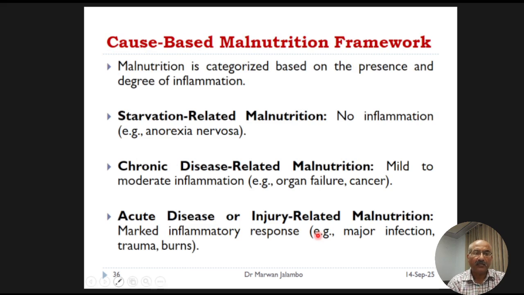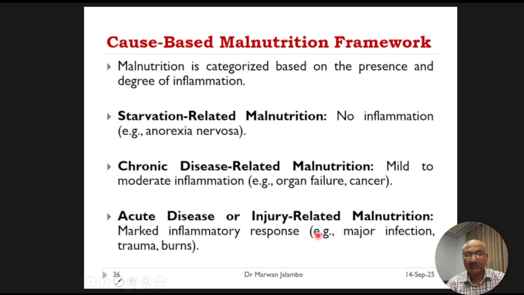In this slide, we want to talk about the cause-based malnutrition framework. Malnutrition is categorized based on the presence and degree of inflammation. Starvation-related malnutrition has no inflammation, for example, anorexia nervosa.